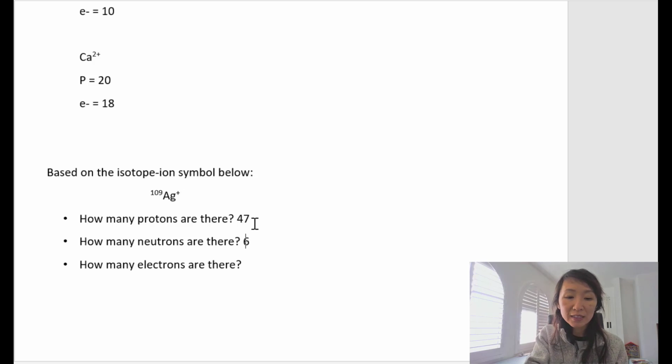That should give you 62 neutrons. What about electrons? So notice here there is a positive charge, +1. So therefore, electrons are 46. There's 47 positives and 46 negatives, so the overall net charge of the ion would be +1.